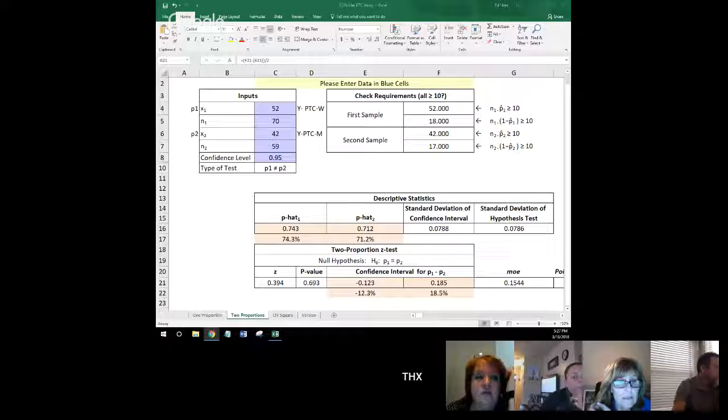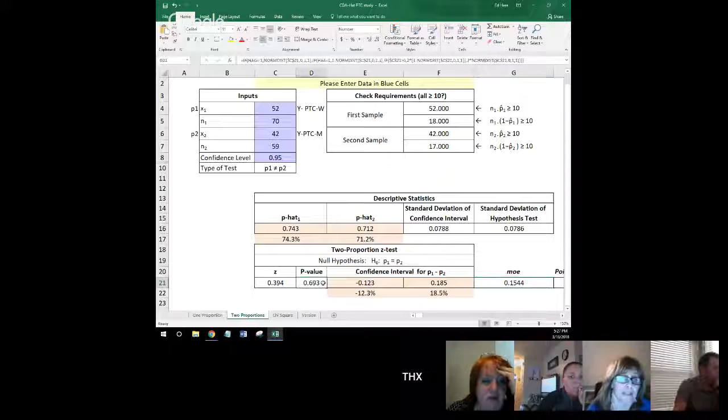I agree with the first one, because everything's low. The P is extremely high. Yeah, you're right. I'm looking at the P value, 0.653. So keep the null, which is fail to reject.